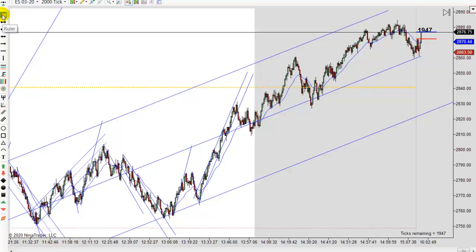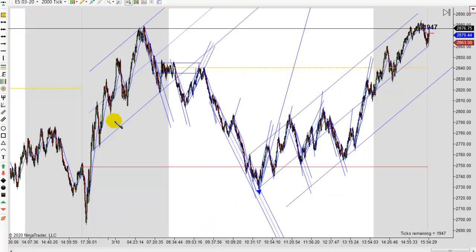I'm just curious now if we back out here, what this whole move up here was. It's 182 and a half points in 11 hours overnight, 159 bars. And then we went down.